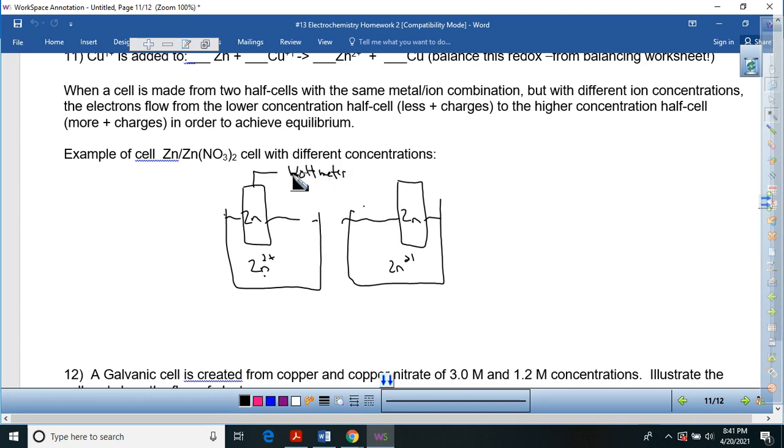And we can show them attached by the voltmeter. The voltmeter captures the flow of electrons. And then we can also put in our salt bridge.